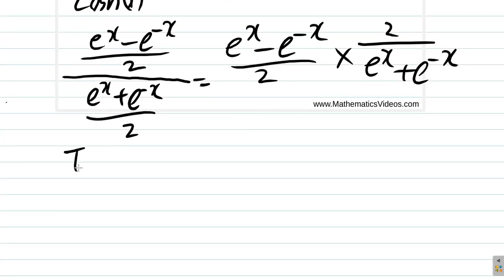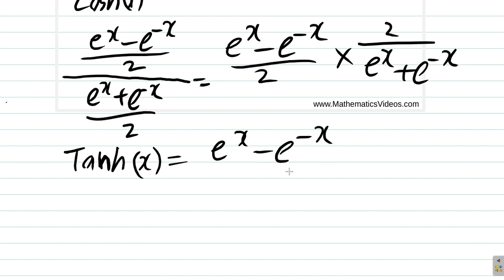So, the tanh of x equals e to the x minus e to the negative x divided by e to the x plus e to the negative x.